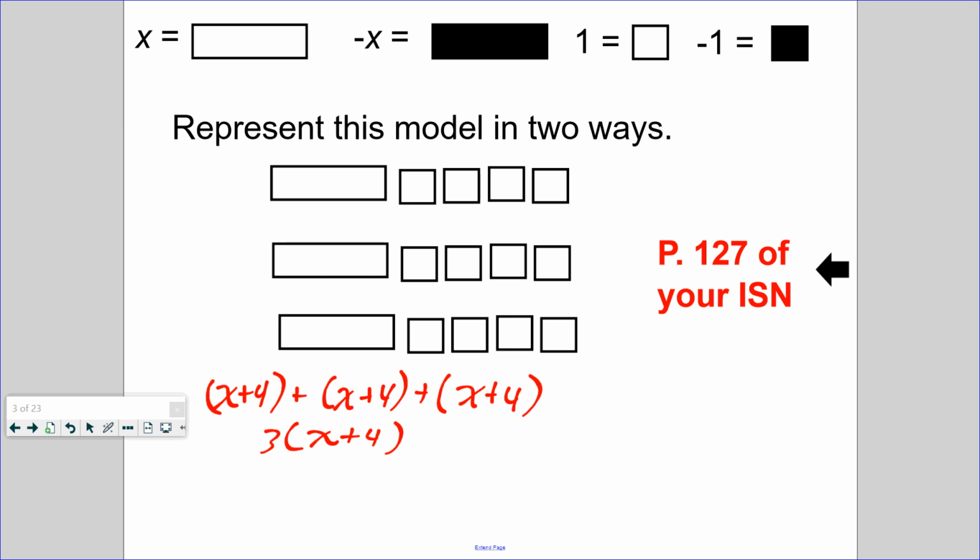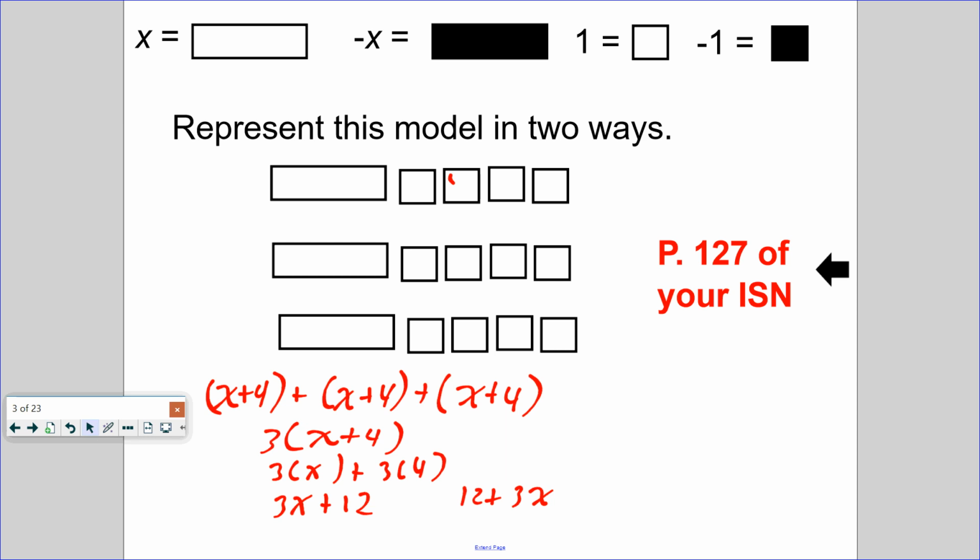Anything else you see? I see 3 groups of x's plus 3 groups of 4. Or how many x's do you see? I see 3 x's. And how many individual units do you see? I see 12 units. Anything else? Well, I see 12 units plus 3 x's.